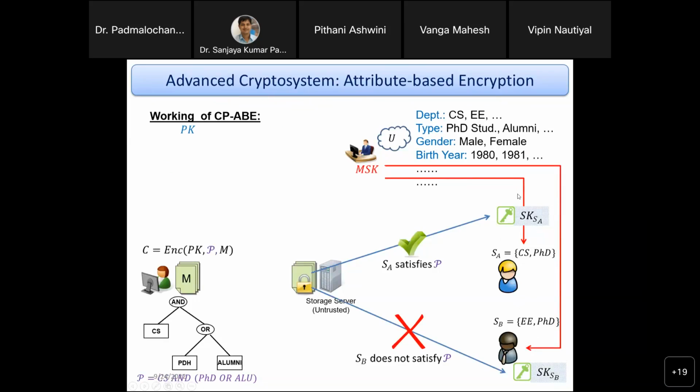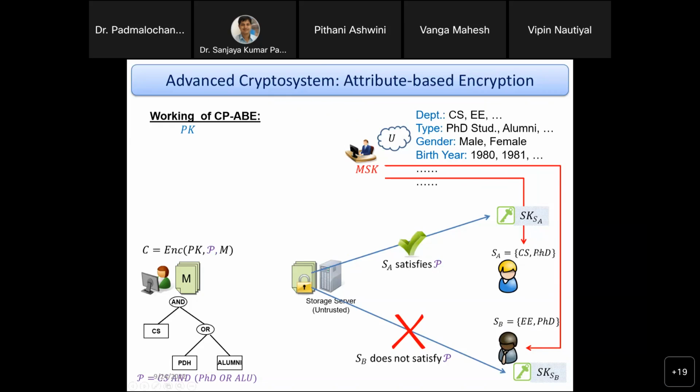Suppose SKSA is eligible for accessing this data, and SKSB is not eligible to access this data. Even if they combine their attributes, SB should still not be able to access the data. So two users, by sharing their attributes, cannot collude against the system. This is called collusion resistant.